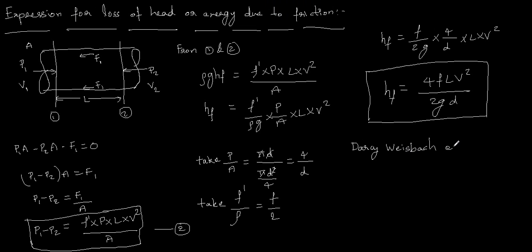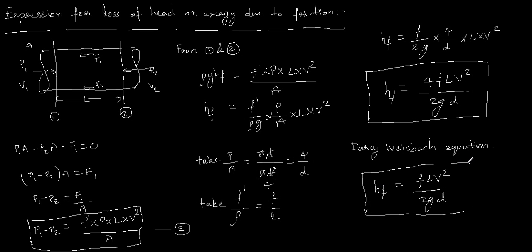So this equation is called the Darcy-Weisbach equation. Sometimes this equation can be written as hf is equal to only FLV square by 2gd, by neglecting the 4.